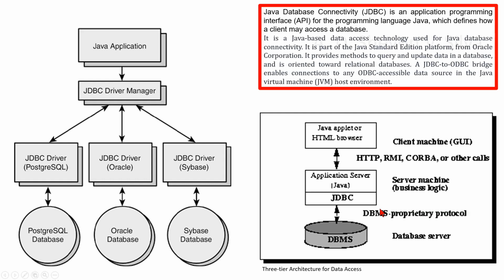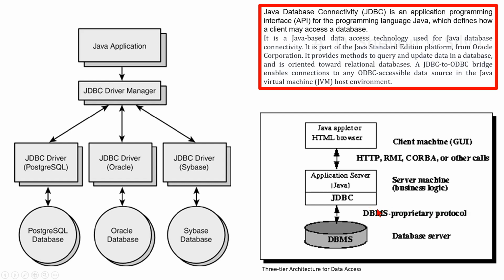With enterprises increasingly using the Java programming language for writing server code, the JDBC API is being used more and more in the middle tier of a three-tier architecture.